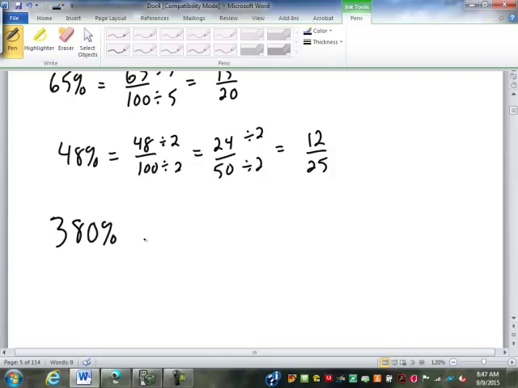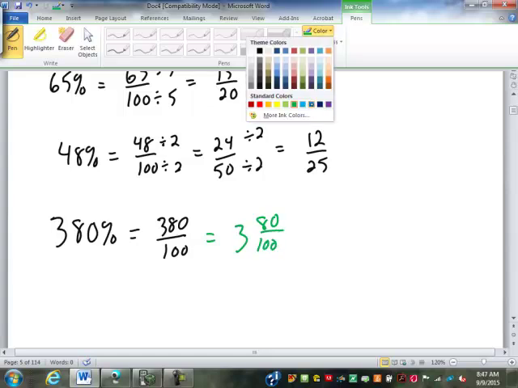How about 380%? Well, just like any other percent, it's 380 out of 100. So 380 over 100. But now we notice that that is an improper fraction. So how many times can I get 100 out of 380? 3 times, and how much is left over? 80 over 100. Now, of course, we can reduce the 80 over 100.